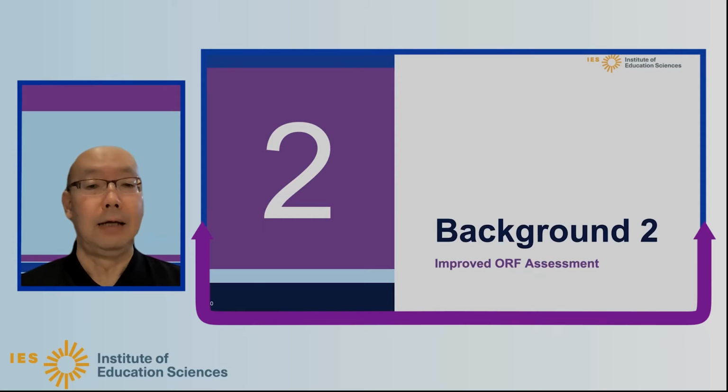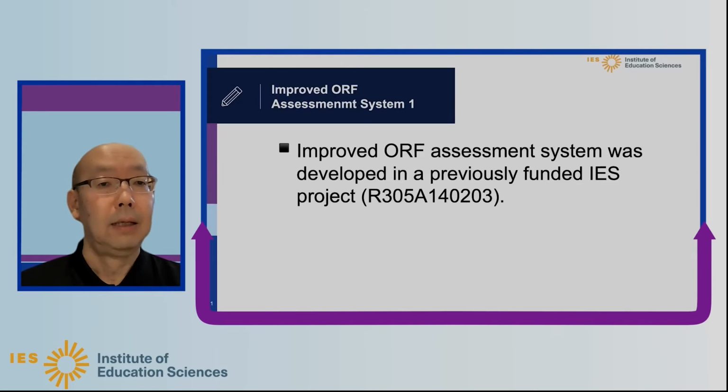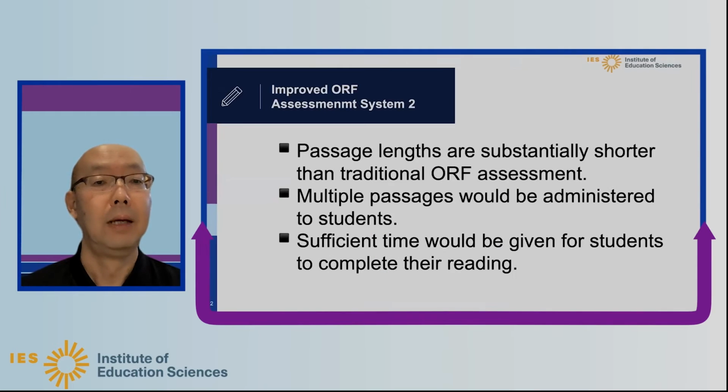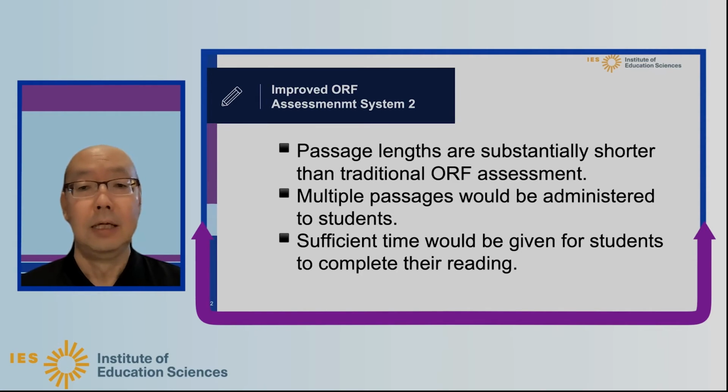Next, I'd like to provide some background about the improved ORF assessment. First, the improved ORF assessment was developed in a previously funded IES project. In the improved ORF assessment, passage lengths are substantially shorter than in the traditional ORF assessment, with the intention to give multiple passages to students.